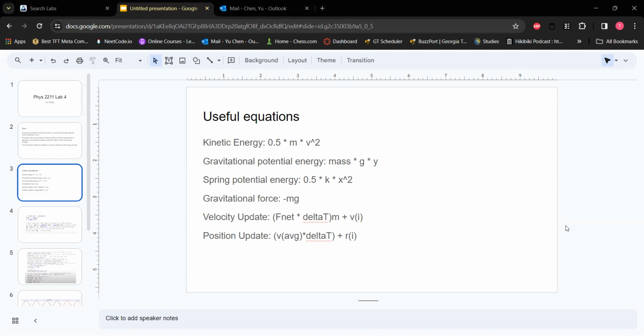Gravitational force is just negative mg. We have the velocity update formula, which is F net times delta t divided by m, plus v i. And we have the position update, which is v average times delta t plus r i.